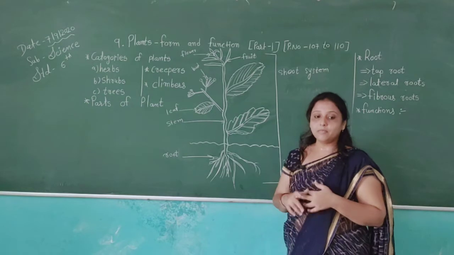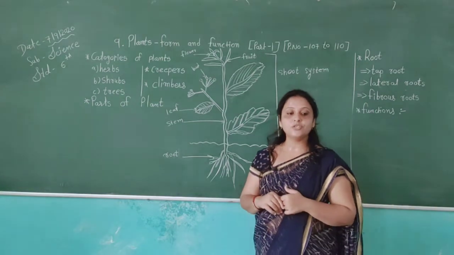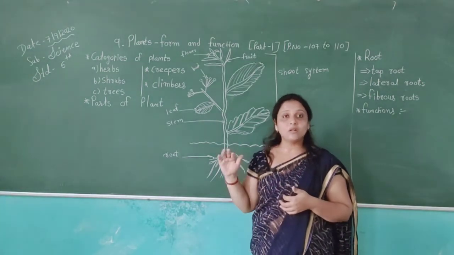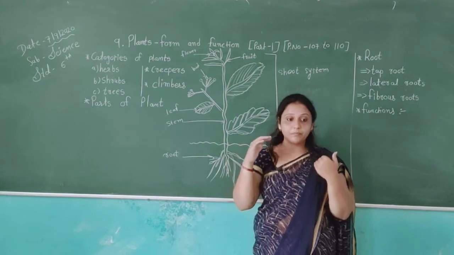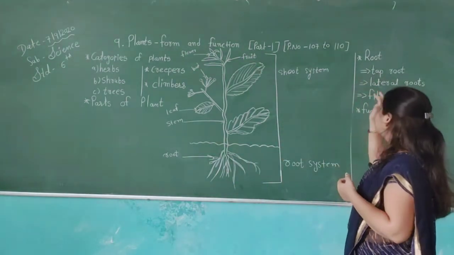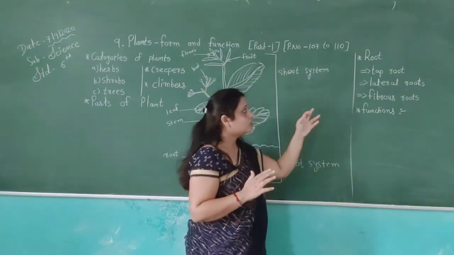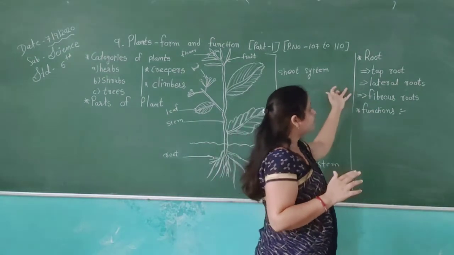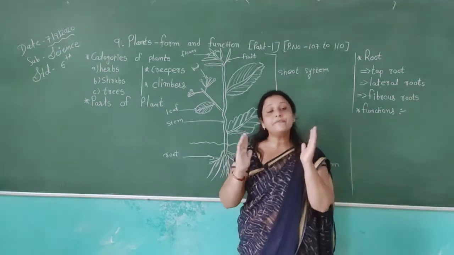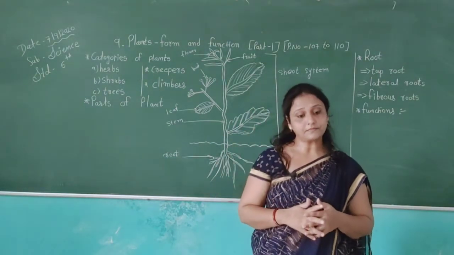In plants like mustard and pea, there is a main root from which a number of branch roots arise. The main root is called the taproot and the branch roots are called the lateral roots. We also have the fibrous root. In different plants you can see different roots.